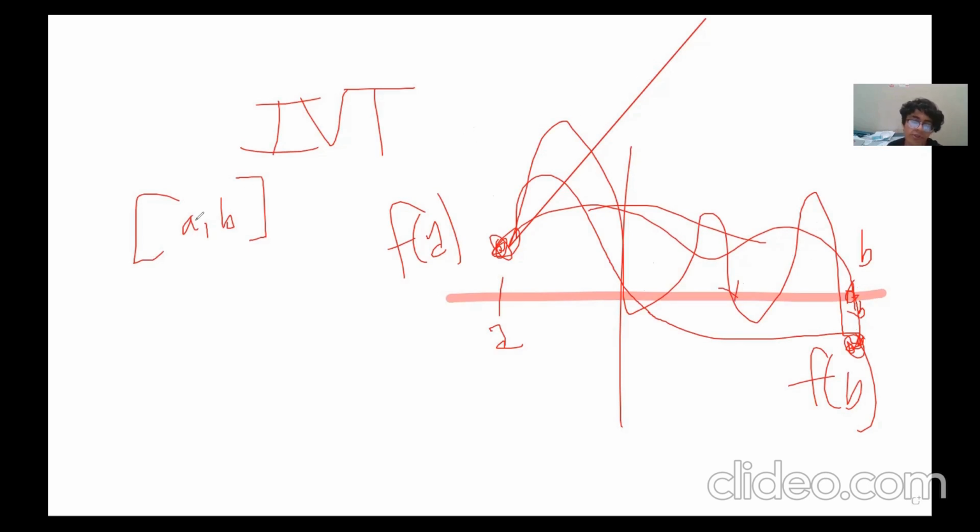And when you do free responses, you should be restating the conditions that you need to meet. Since f of x is continuous from A to B, and since f of A is positive, and since f of B is negative, there must exist some point C, where C is between A and B, such that f of C is equal to 0.